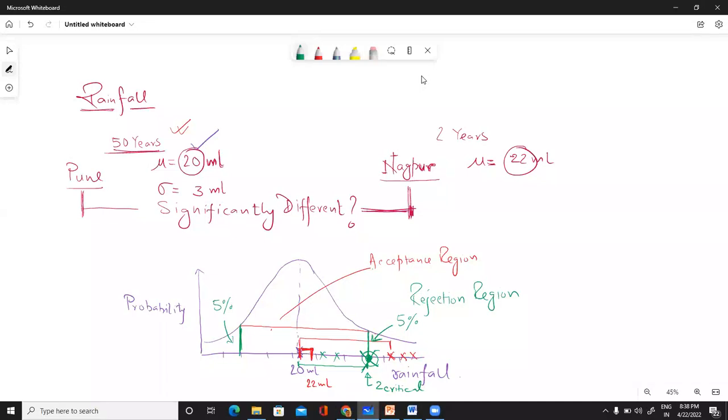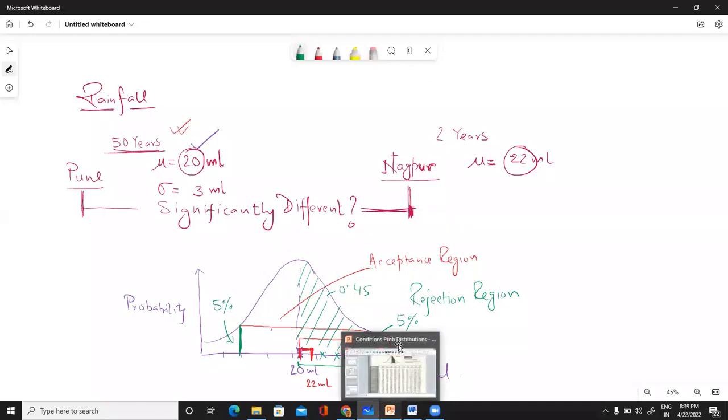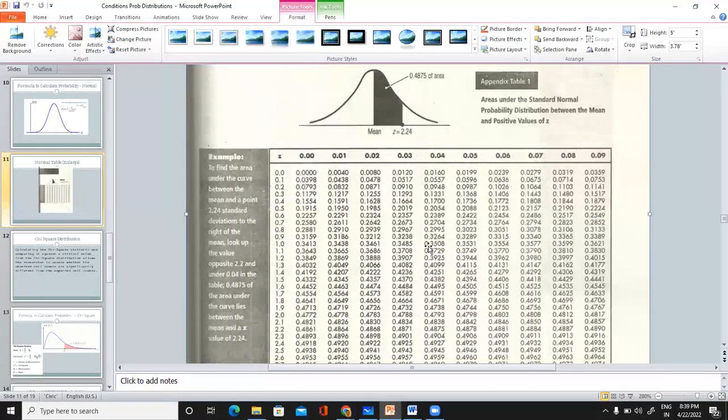We know that if the rejection region is 5%, this remaining green shaded portion will be how much? 45%, or 0.45. So what is the point which will have 0.45 area under the curve? What we know is that all these values in the body of the table are areas.